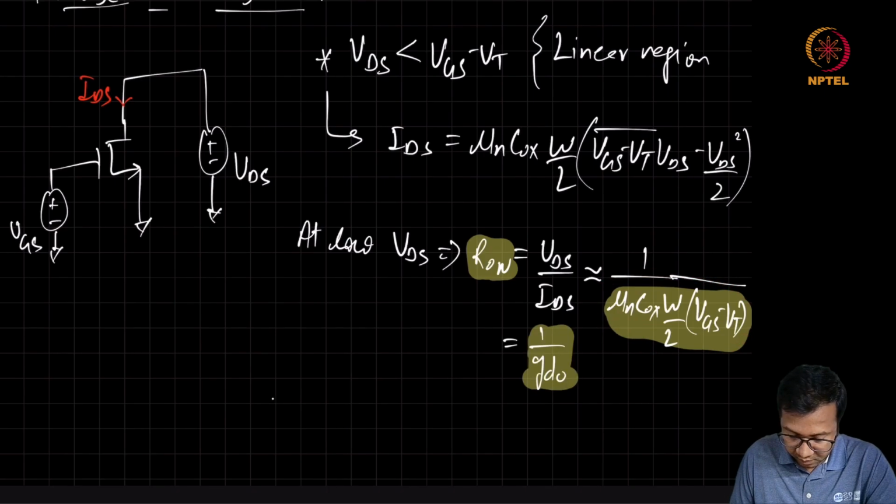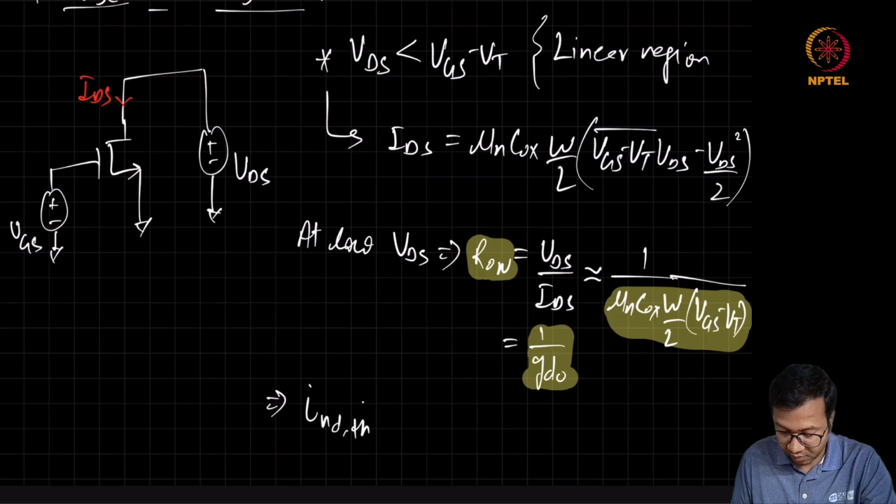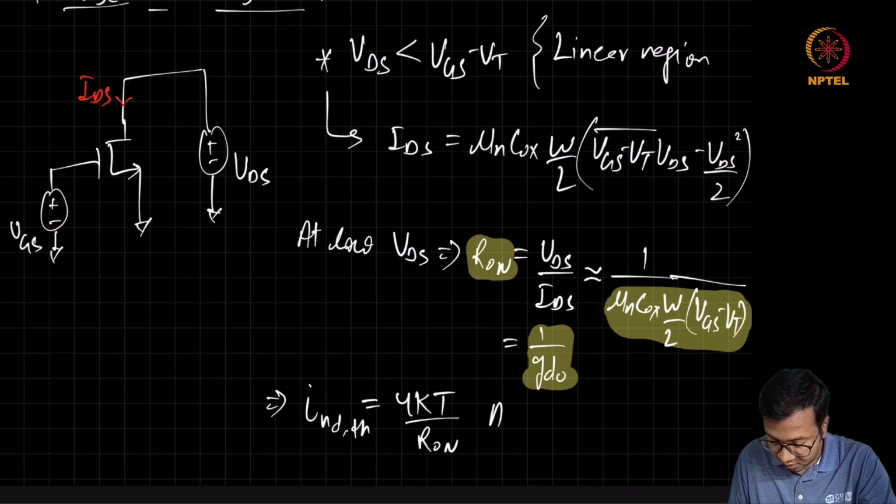So it means we can expect a current noise PSD corresponding to a resistance of this value. So if I have to write the drain noise due to this thermal noise, it's going to be equal to 4 kT by R on. This is in ampere square per hertz.